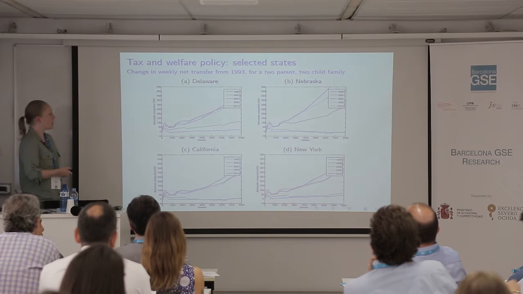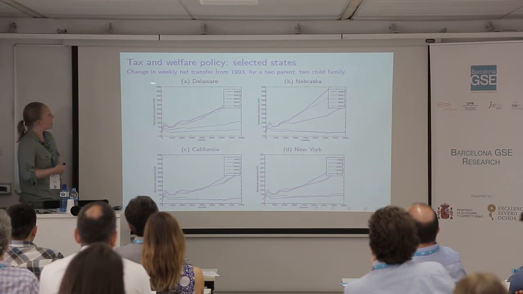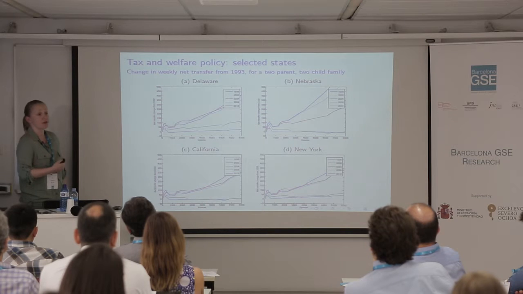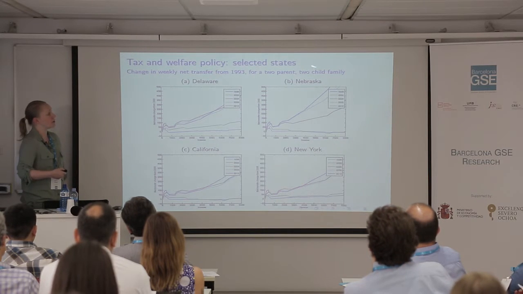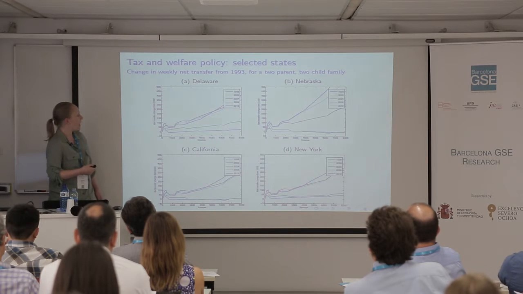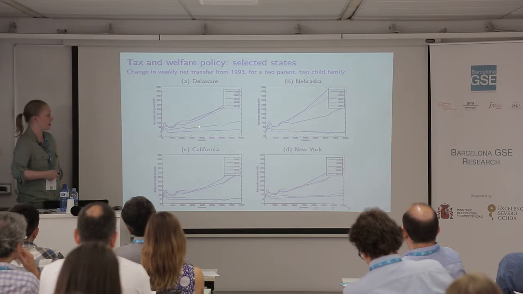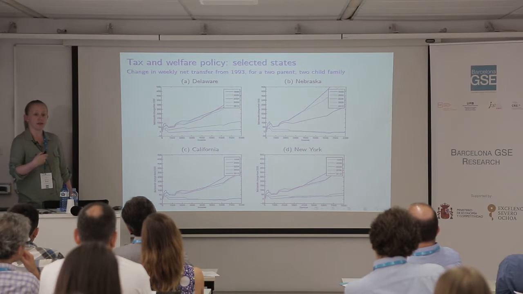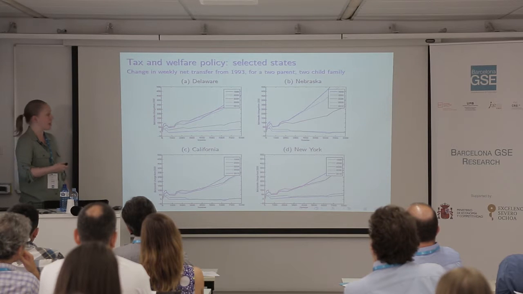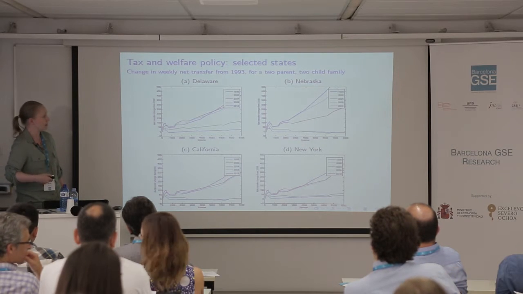Here what I've got is the change in the weekly net transfer from the tax and welfare system since 1993 for a two-parent, two-child family. Basically you can see that firstly there is quite a lot of variation across time, but due to the state policy variation in my sample, there is also quite a lot of variation across different states.